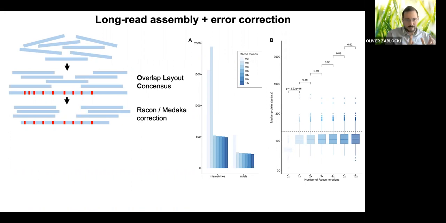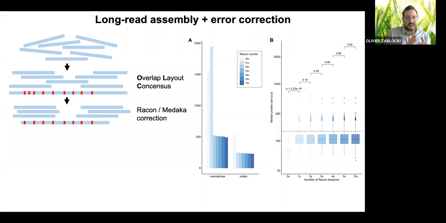Let me try that again. What Racon will do is it will essentially take the information from self-mappings of all the reads and look at the consensus sequence between all of these mappings.